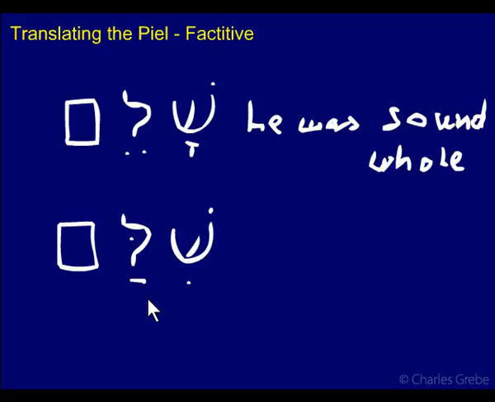Ironically, this is changed here, but we still see the dagesh forte in the middle radical, which is characteristic of Piel, and we have the hiriq, which is characteristic of the Piel in the perfect. So we know this is a Piel, shilam, and this means he made sound or whole. I won't retype the whole thing here, we'll just put down made. So again, similar to what we had with gadal, we have the same thing with shalem.